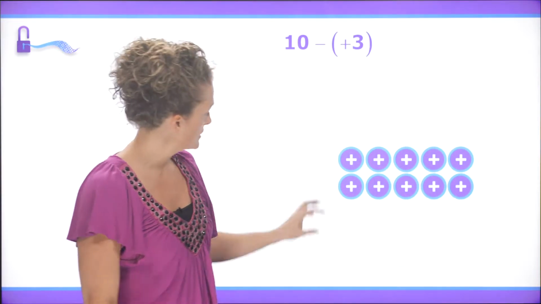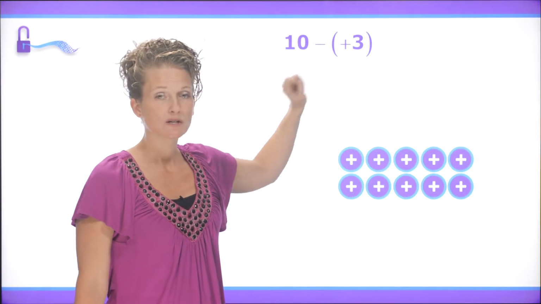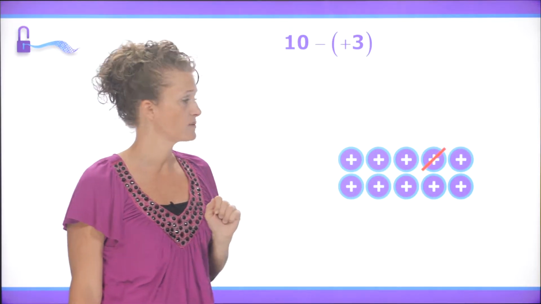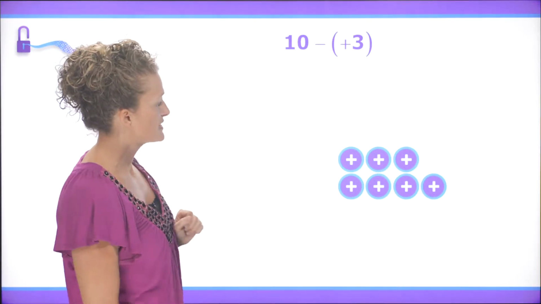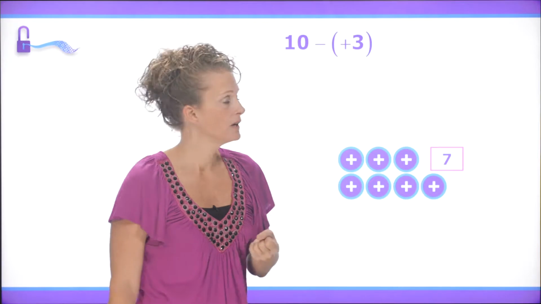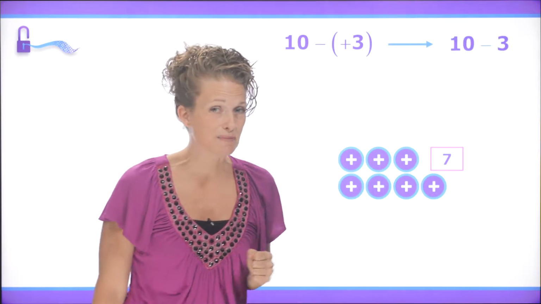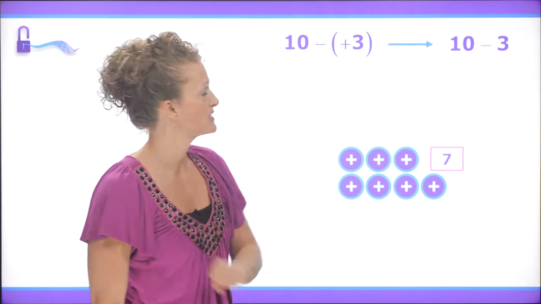Well, how about 10 minus a positive 3? Again, 10 is represented by these circles right here, and we want to subtract 3 of them. Because we're talking about subtracting a positive, we can simply cross out those 3, take them away. What do we have left? We have 7. So we can say 10 minus positive 3 is the same thing as saying 10 minus 3.